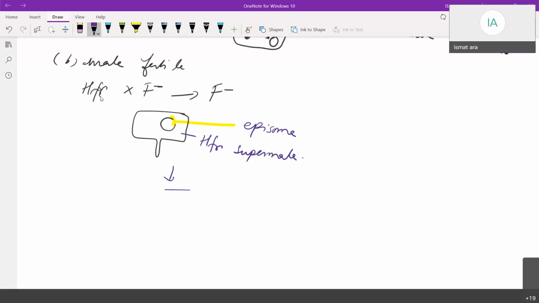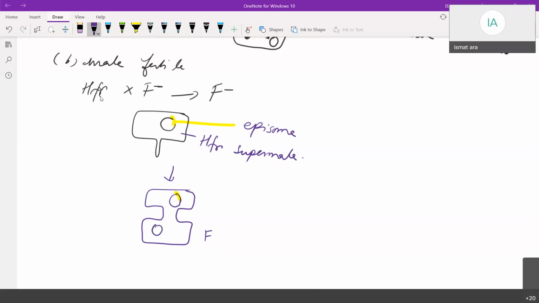Suppose this is a bacterial cell and it is another bacterial cell. Like this. Okay. This is one bacterial part. This is the episome part. Yellow is the episome part. Okay. This is the bacterial nucleoid material.